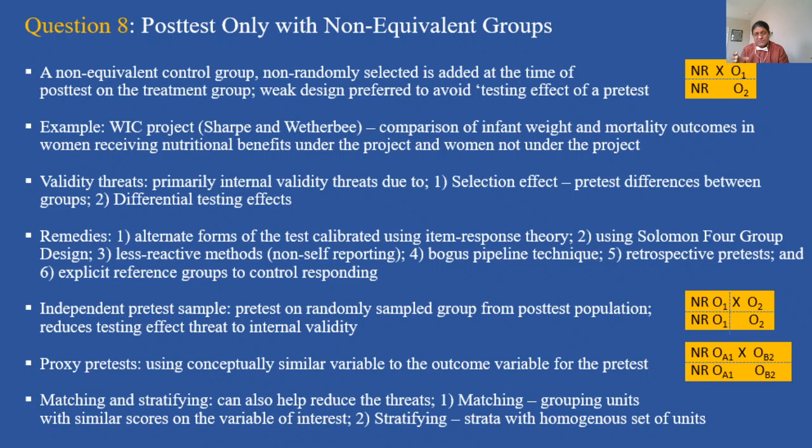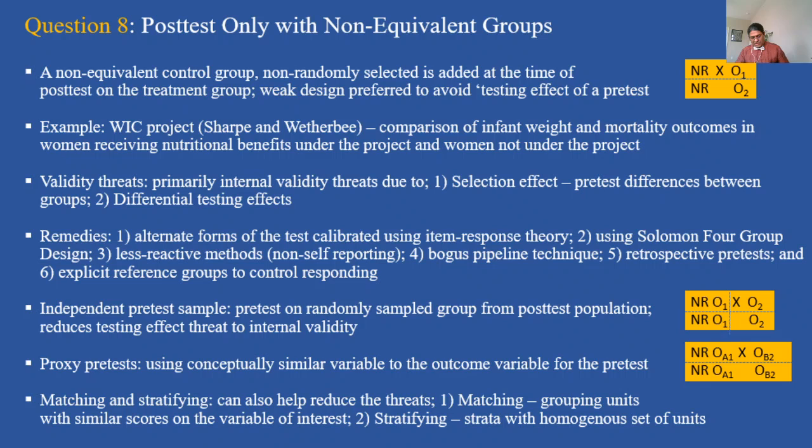Such proxies are conceptually similar to the outcome variable to get a clear enough picture of a true pretest. In the diagram, you can see that A1 is used as a proxy to B1, and the A1 variable is conceptually similar to the B2 variable.